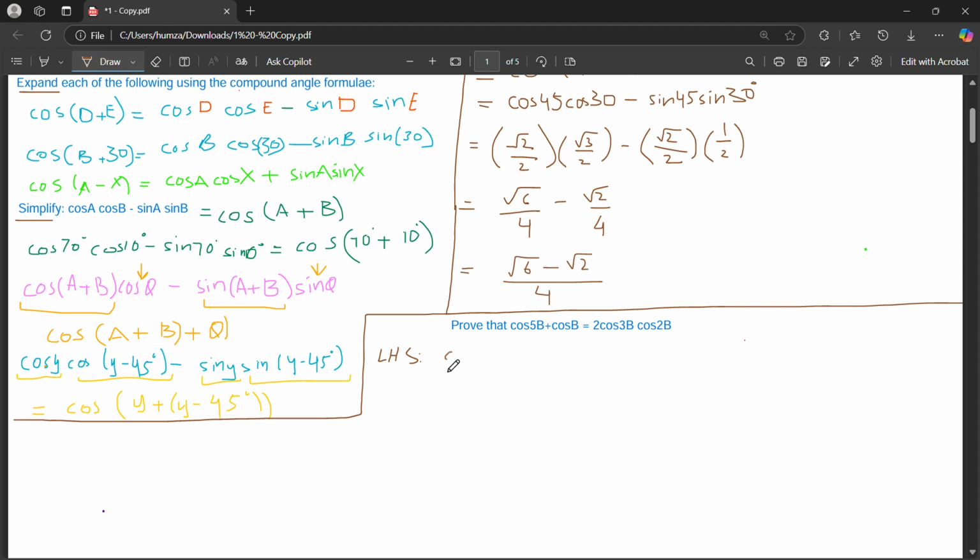So the left hand side says cos 5b plus cos b. Now we are going to write it in such a way that it matches your right hand side. So if we write in terms of 3b or 2b, we can say that 5b is the same as cos 3b plus 2b.